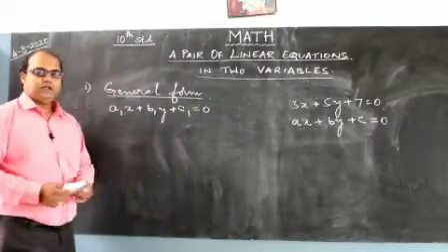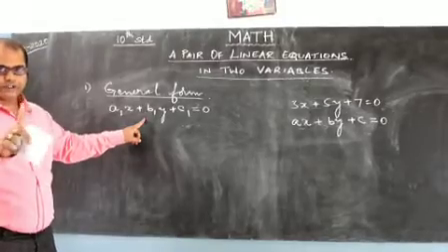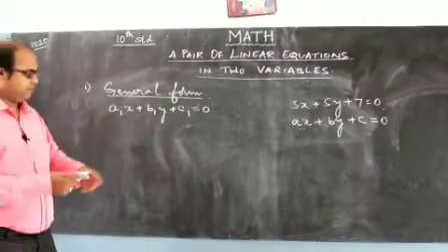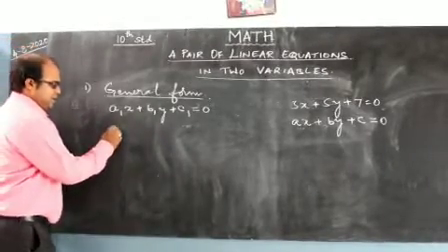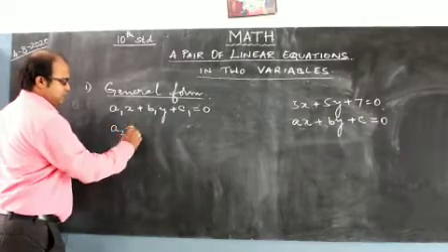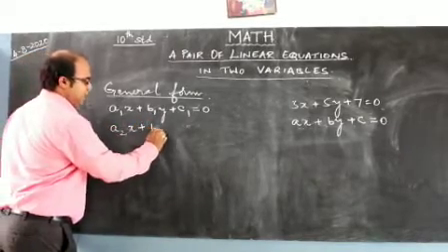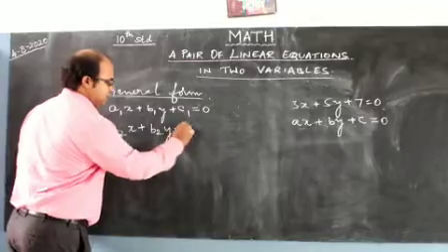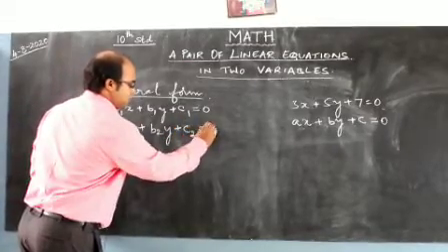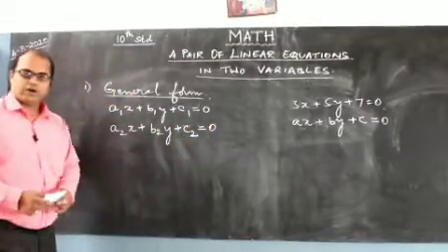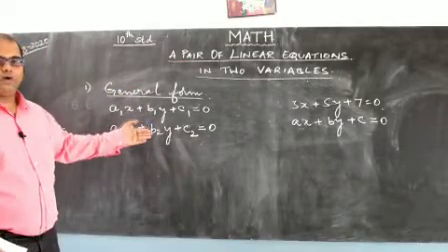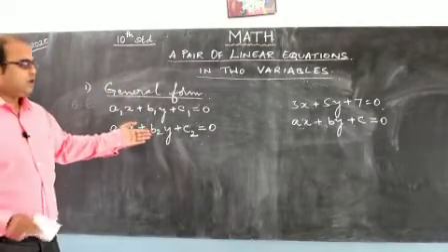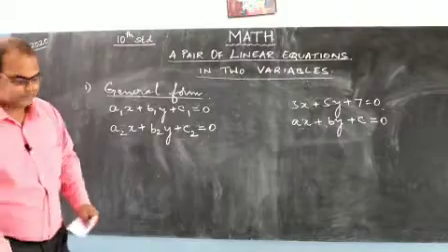This is the general form of the first linear equation. Then for the second one, a2x plus b2y plus c2 equal to 0. Okay, so this is the general form for a pair of linear equations.